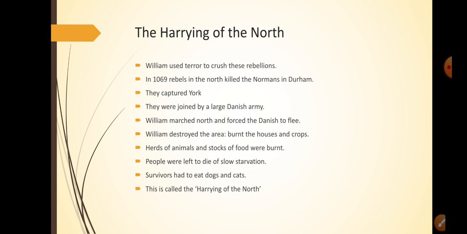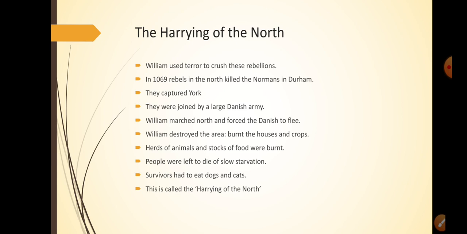Let's talk about the Harrying of the North. It's a famous event in the history of England in the 11th century. We already know that William used terror to crush these rebellions. Now, in 1069, rebels in the north killed the Normans in Durham. They killed them viciously, very brutally. Okay, they also captured York.